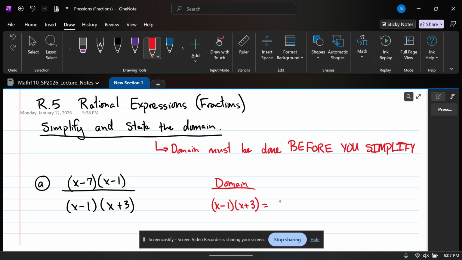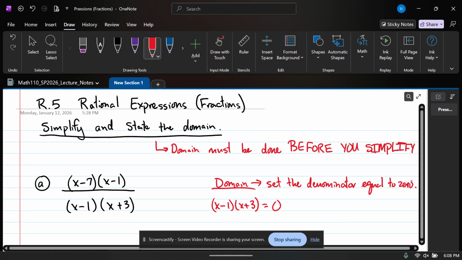So we're setting the denominator equal to 0. So to find the domain on any of these fraction problems, set the denominator equal to 0. That's how you find the domain.